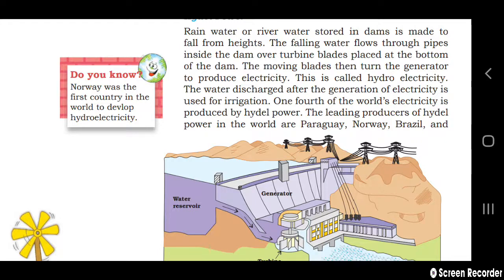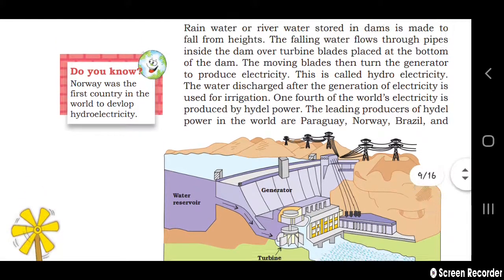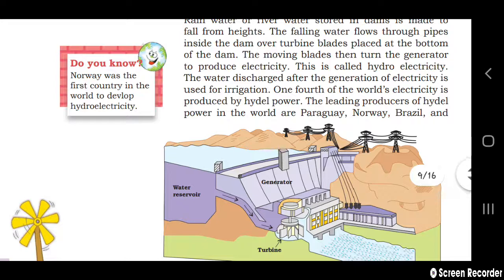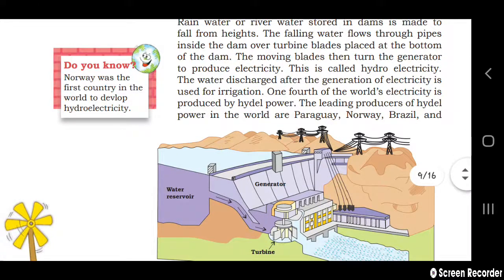The turbine blades are placed at the bottom of the dam. The moving blades then turn the generator where the electricity is produced.